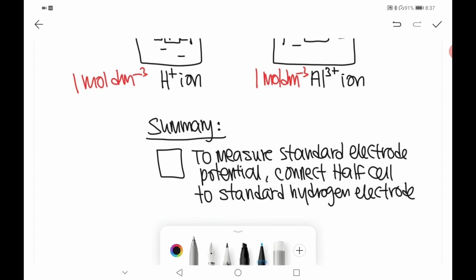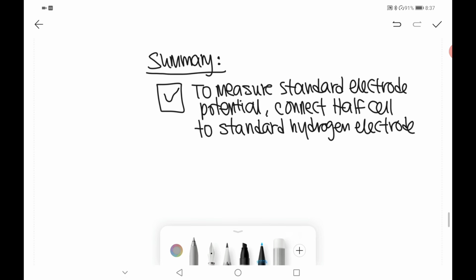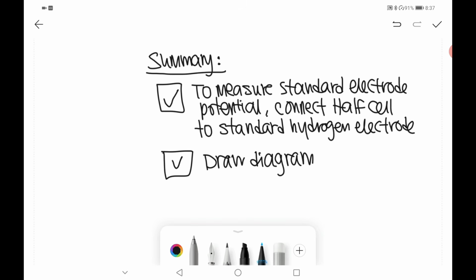The next thing that you must be able to master is that you must be able to draw a diagram, and the diagram must have labels. What are the labels? The labels of standard conditions.